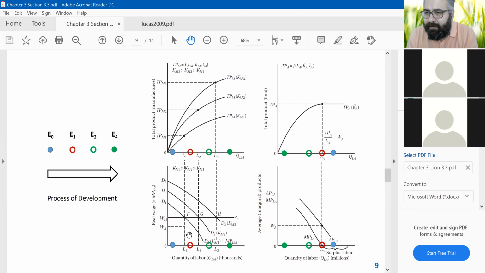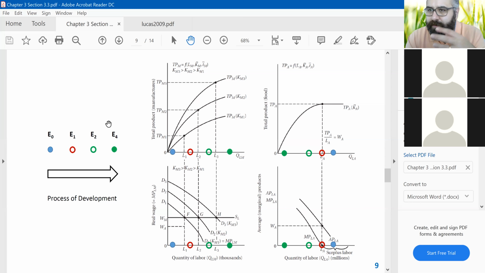And this is economic development according to Lewis' theory, because once capital accumulation continues in the industrial sector, that translates into higher production, because now you are using your resources in the sector where they are productive, right? Compare here the blue dot, equilibrium 0, and the green dot, equilibrium 4.